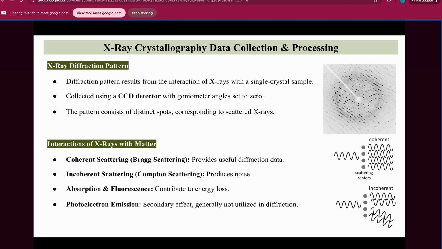They are kind of a little scattered and they are not consistent. So they are also known as incoherent. And then absorption and fluorescence. So it contributes to energy loss, because if there is absorption of X-rays or if there is fluorescence generation, there will be some loss in energy. Whereas photoelectron emission is the secondary effect, which is generally not utilized in diffraction.